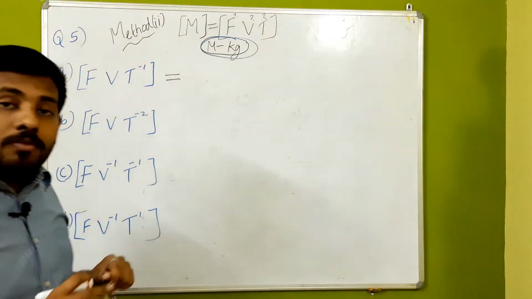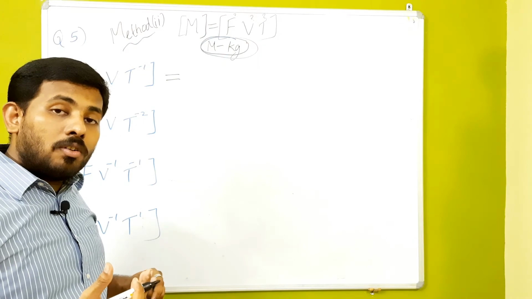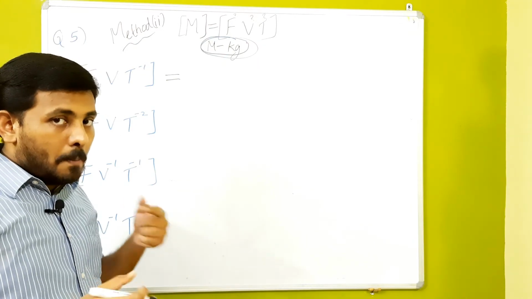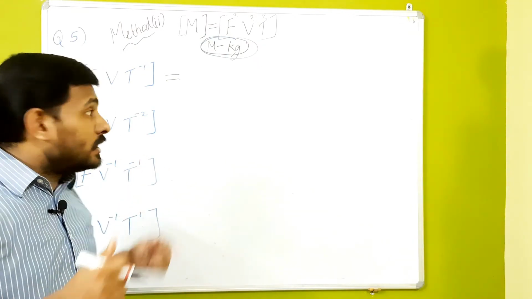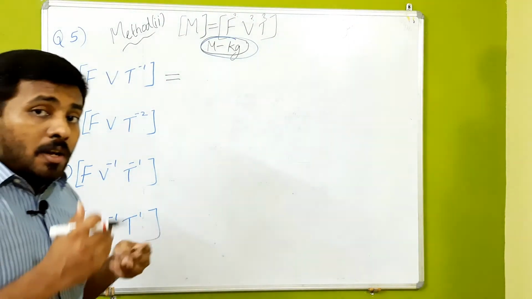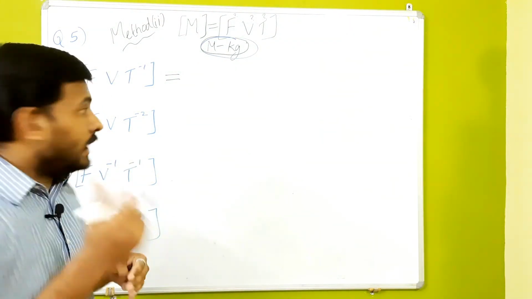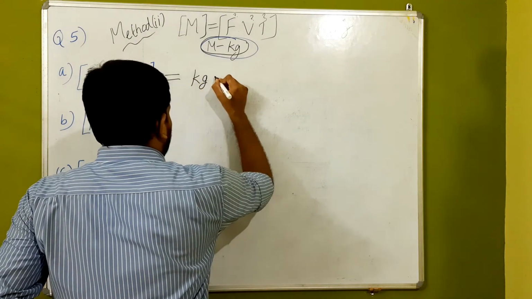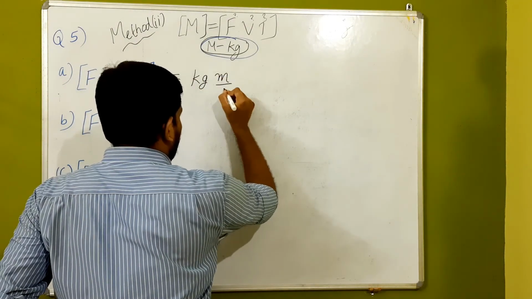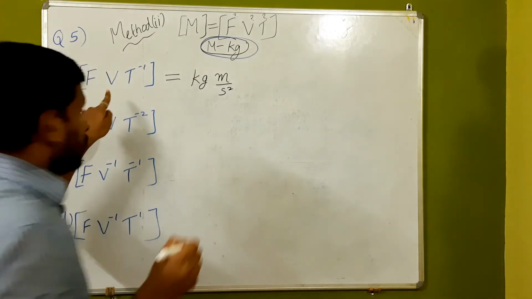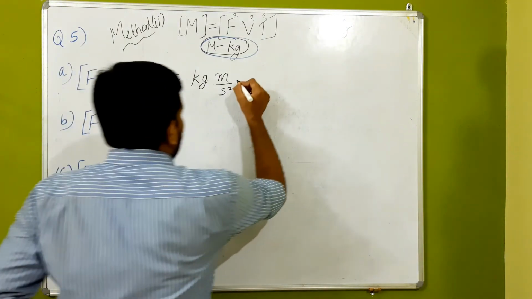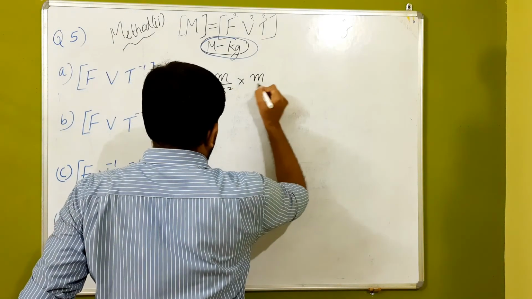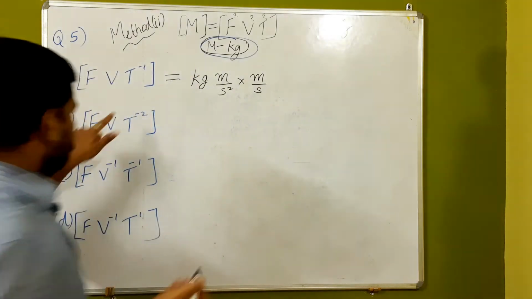If you don't understand, watch. Force. What is the unit of force? Unit of force is Newton. But in basic units, we can express it as mass into acceleration, right? Therefore, mass is in kilogram, acceleration is meter per second square. Then velocity is meter per second.